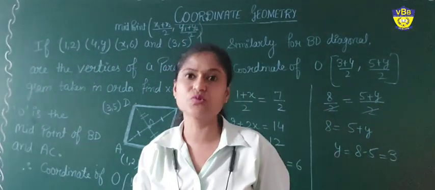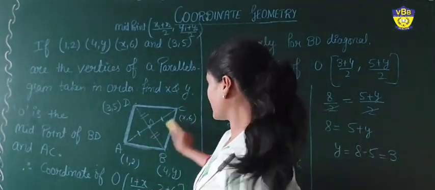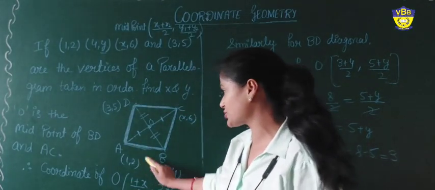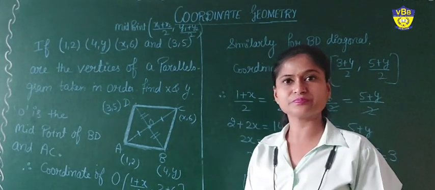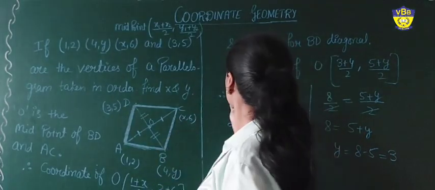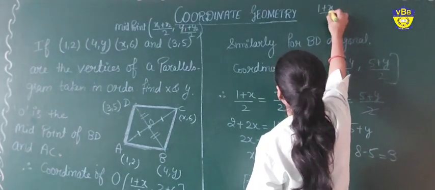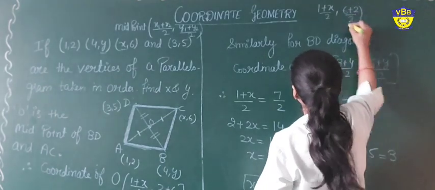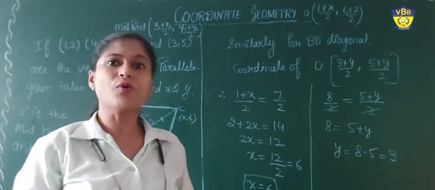So here, x plus 1 divided by 2, and 6 plus 2 divided by 2. So it is (1 plus x) by 2, (6 plus 2) divided by 2. This is the coordinate of O.